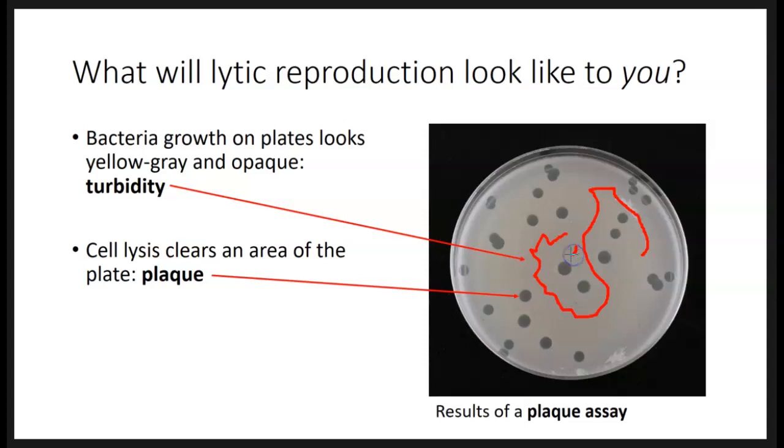So when those phages infect a bacteria, they reproduce and kill that bacteria, make a bunch of new phages, and those phages spread out and kill bacteria in a surrounding area on this plate. And so that creates a little circle where all of the dead bacteria form what's called a plaque. Right, so this is an area where there's no turbidity, there's clearing on the plate.